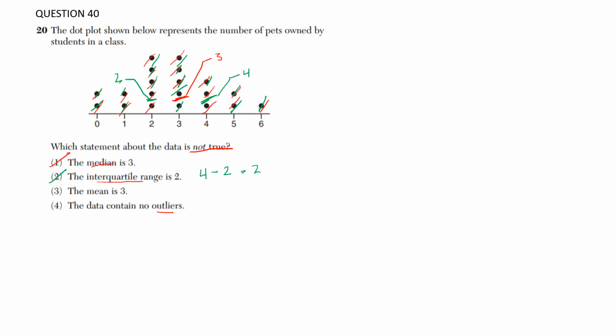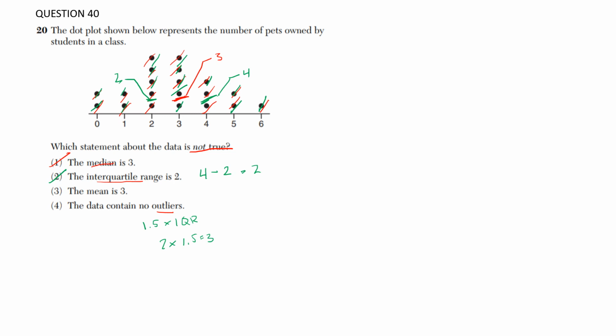Cross that out. Now outliers, as I mentioned before, is 1.5 times the interquartile range, and you add that to the third quartile or subtract that from the first quartile. So we know that the interquartile range is 2, so 2 times 1.5 is 3.